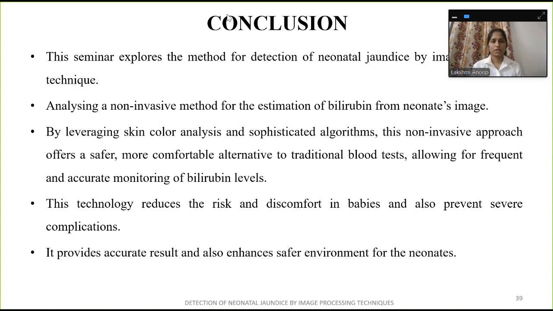And this technology will reduce the risk and also the discomfort that occurs in the newborn babies as well as parents due to the frequent blood draw or blood test, and it also prevents severe complications, and it provides accurate results and also enhances a safer environment for the neonates.